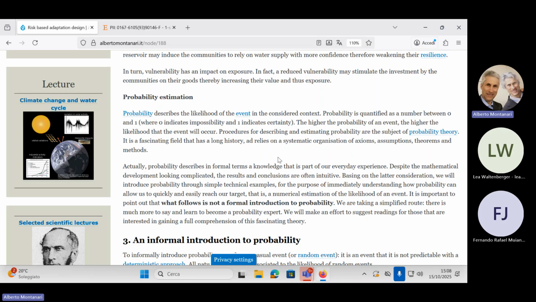This is what we do with floods. This probability is affected by the presence of the reservoir. If you have the reservoir and this reservoir is well managed, the probability is reduced. There are some places where you cannot build the dam. Yeah, of course. If you cannot, of course, you don't have any alternative, and you have to estimate the probability to get flooded if a certain river flow occurs.